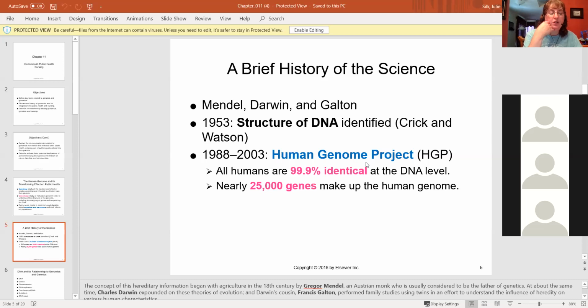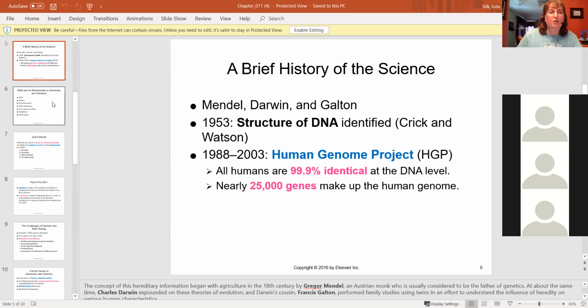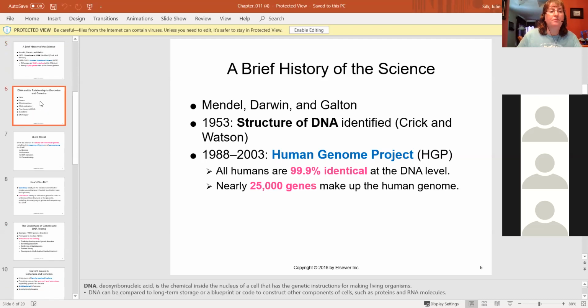Most of the 0.1% of genetic variations are found within and not among populations. These findings have implications for public health. I think it's amazing that they did that in such a short period of time. That's a lot of work to do.